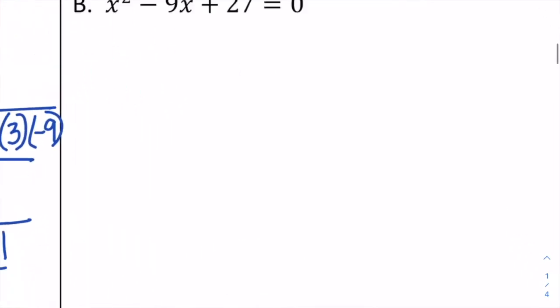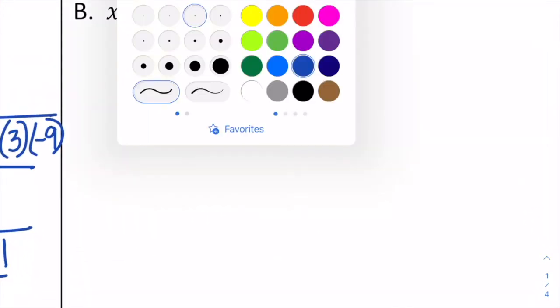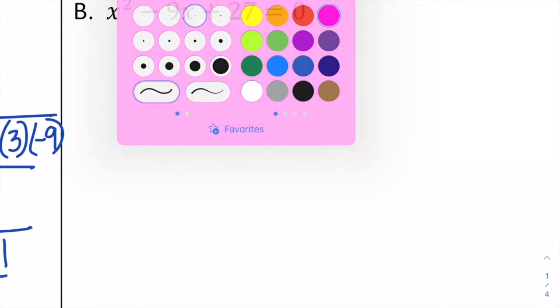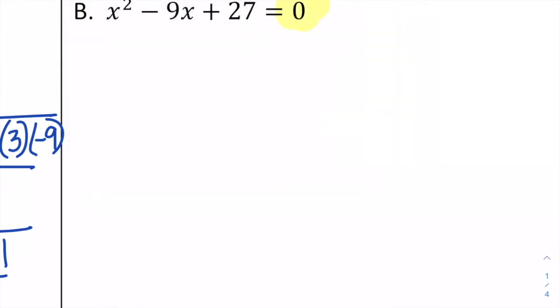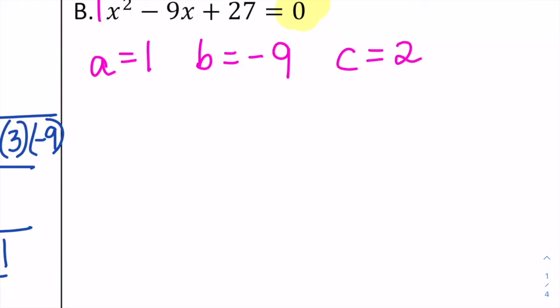All right, let's go to the next one. So again, this equals 0, so we can use the quadratic formula. A is going to equal 1. B is equal to -9. C equals 27.